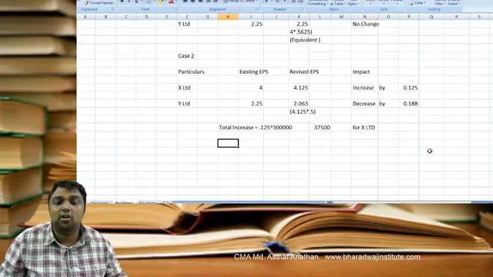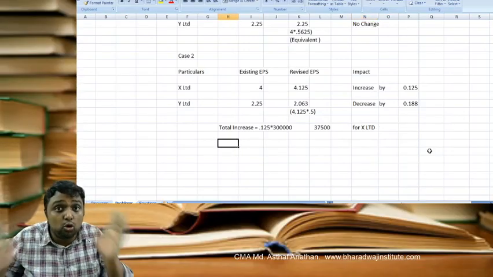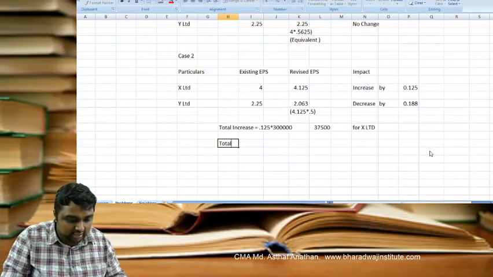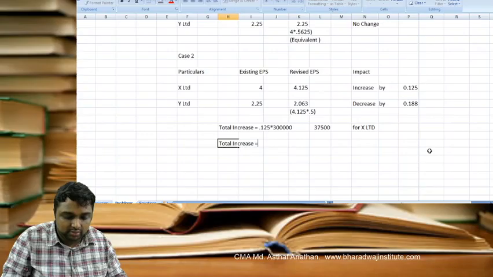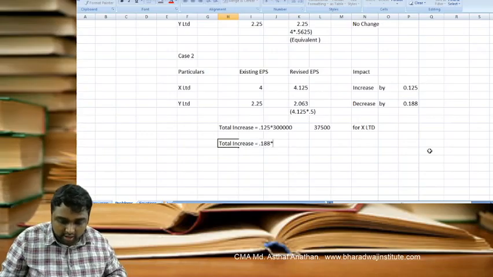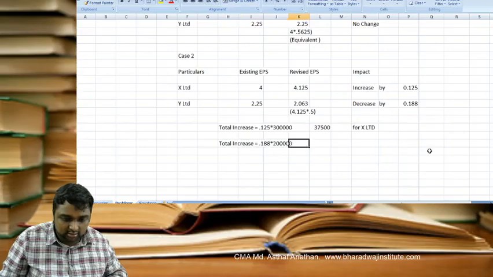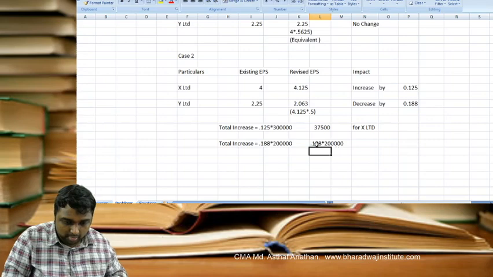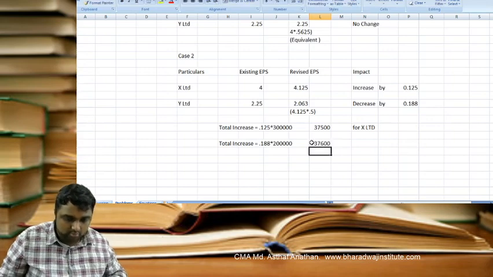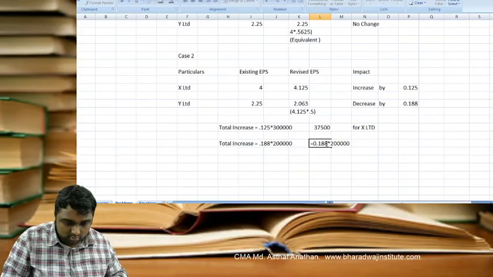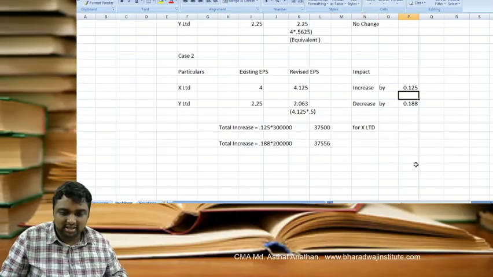This is not a part of the exam purpose, but I want you to be good in concept. Total decrease for the other company, this has to be the same. That is what I want to prove. 0.18 into 2 lakh. Round off. It's actually coming to the same number.